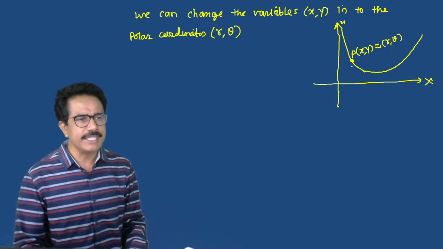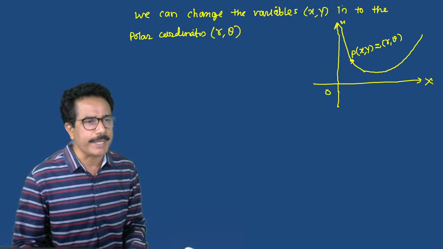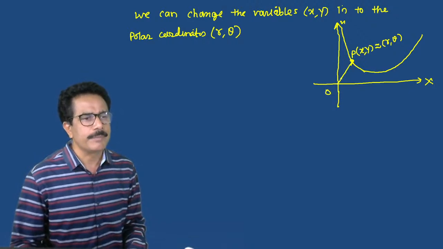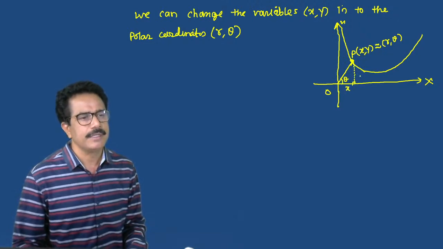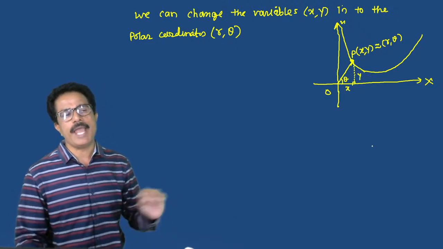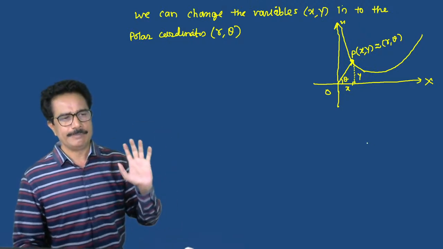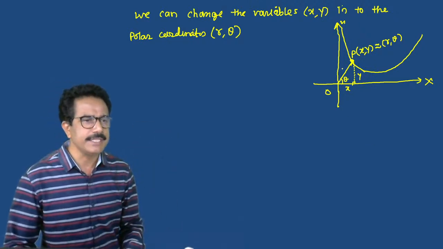Then suppose this is a theta, then this length is called x, this length is called y, then we have this length is called r.